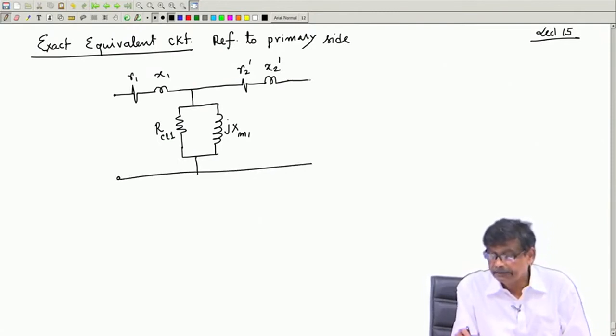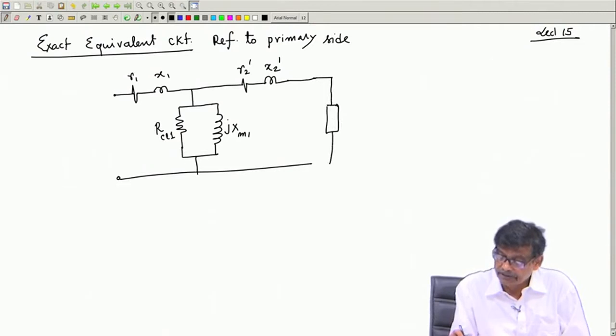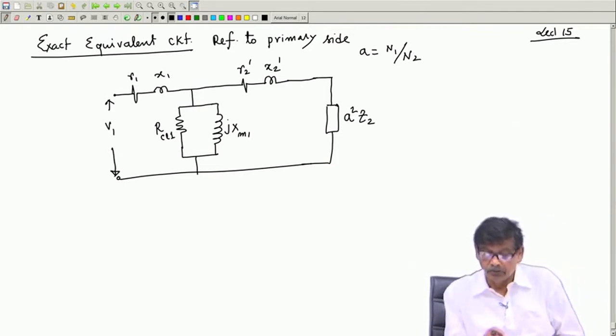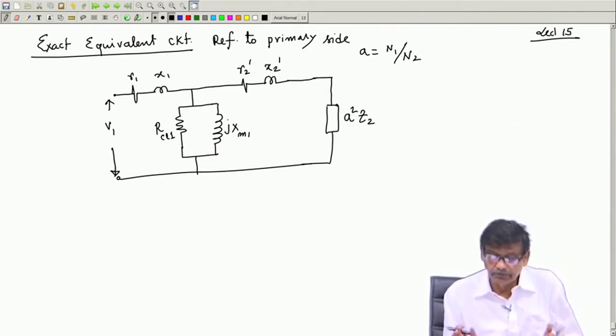And here there will be the load impedance, whichever you have connected to the secondary side of the transformer, a square Z2, and a is equal to N1 by N2. So, what are the impedances which will be higher?